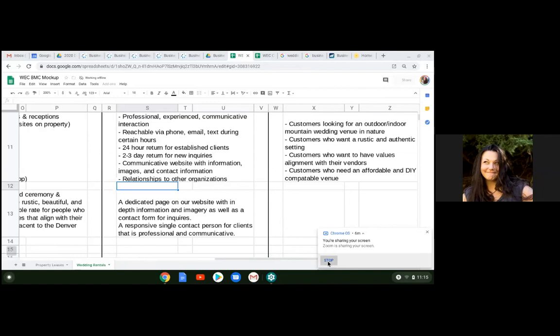The screen may be frozen again. I'm not seeing the customer segments on the screen. I'm still seeing the old screen with the customer relationships. Okay. I think my Zoom is being a little bit funny. I think I'm going to stop sharing. Okay. And maybe we could just talk it out.